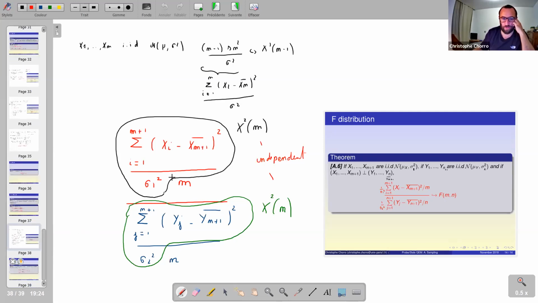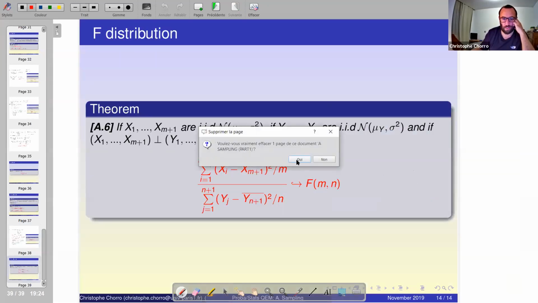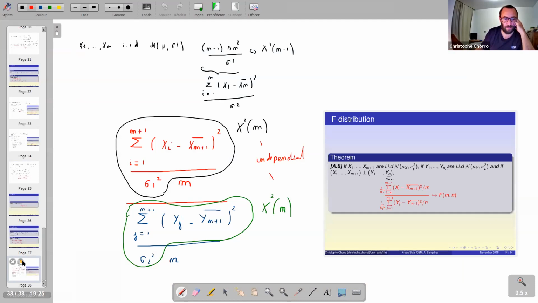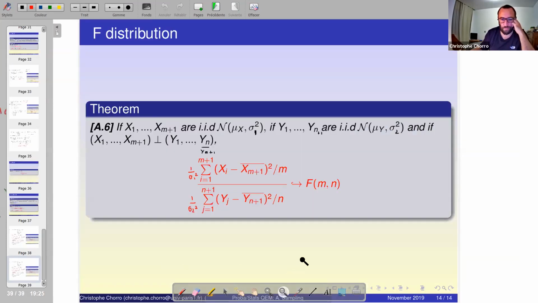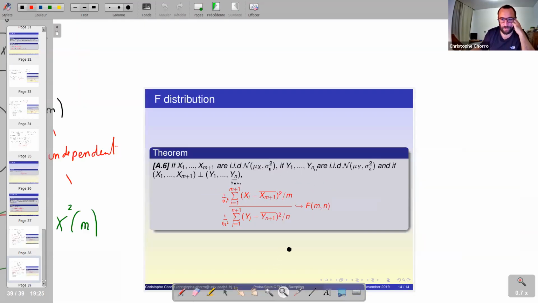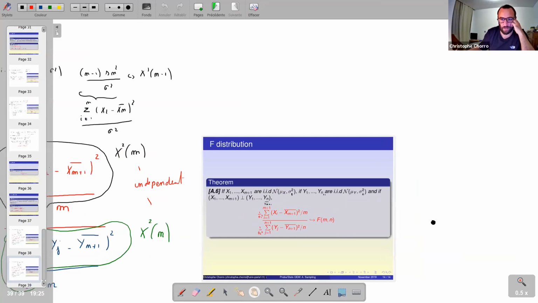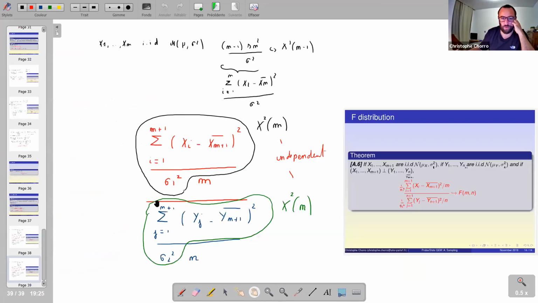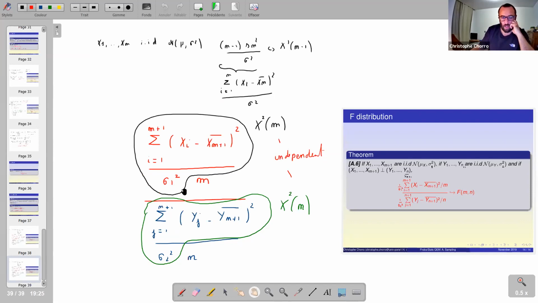And to conclude, I will just reproduce this. In order to conclude concerning this, what can I do with this kind of result? Once again, we are going to build confidence intervals this way, based on the F distribution.